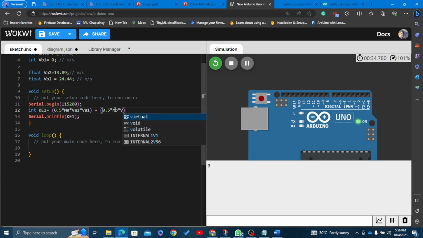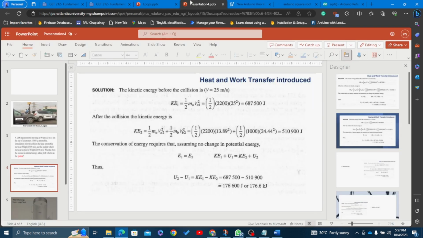Its velocity was obviously 0, but it's VB1, as you can see right here, VB1 times VB1. So that's all. If we run this code, we get this value, which is obviously different from this value.